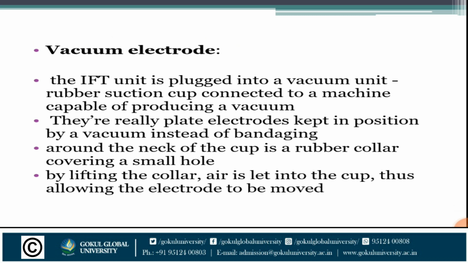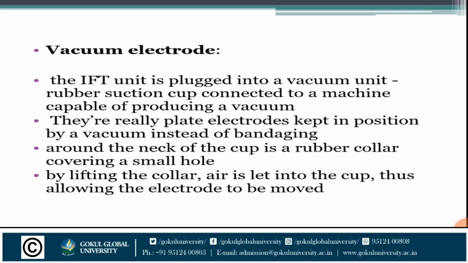Vacuum electrode: the IFT unit is plugged into a vacuum unit, a rubber suction cup connected to a machine capable of producing a vacuum. In that, one rubber suction cup is there and it is connected with one unit. There are really plate electrodes kept in position by a vacuum instead of bandaging.